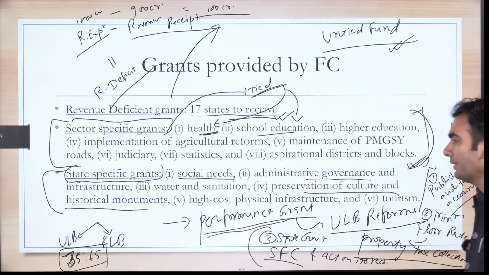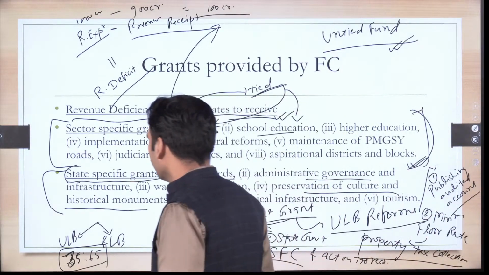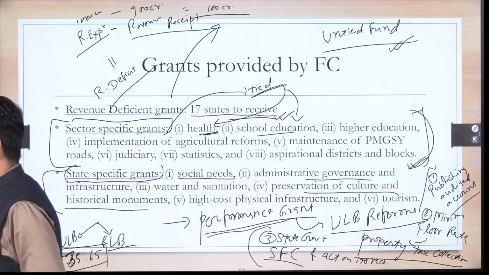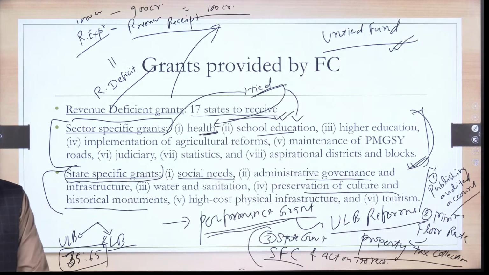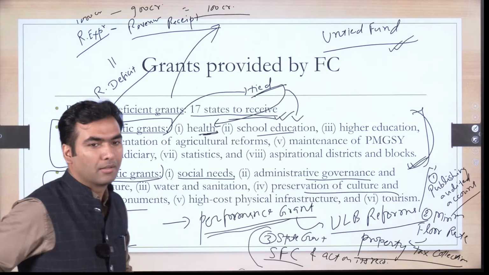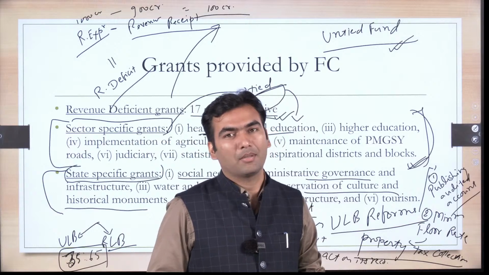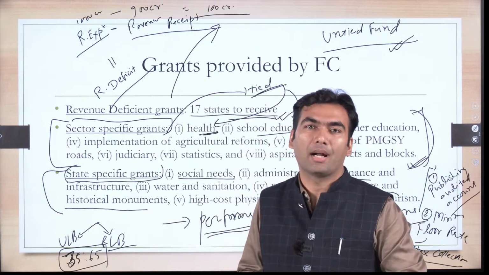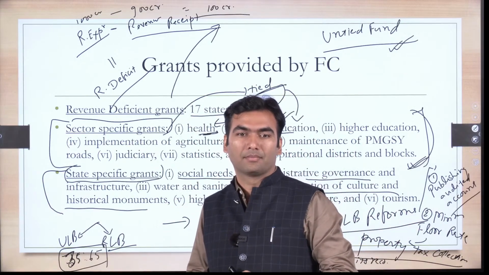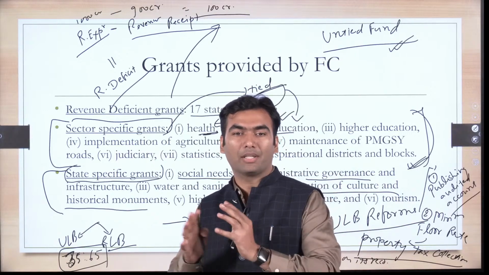Achha, one more thing, would you like to answer: in case of rural bodies we have a three-tier structure. So which tier gets the money? Is it the Zila Parishad, the Panchayat Samiti, or the Gram Panchayat, or all three equally?